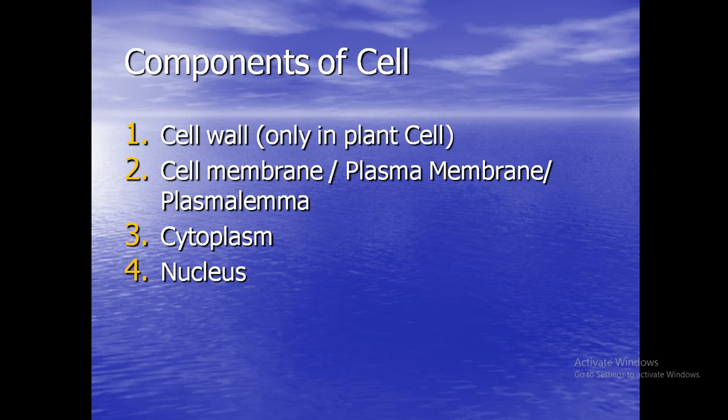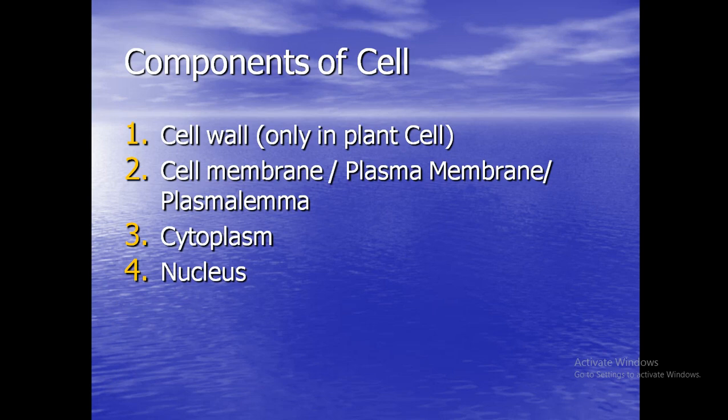The first component, let's enter the cell from outside. The outermost layer of the plant cell is the cell wall. Hard, rigid, protects the cell. Then if you pass through the cell wall, don't take it literally, you will not be able to pass through the cell wall. But if you cross the cell wall, then you land upon the cell membrane or plasma membrane.